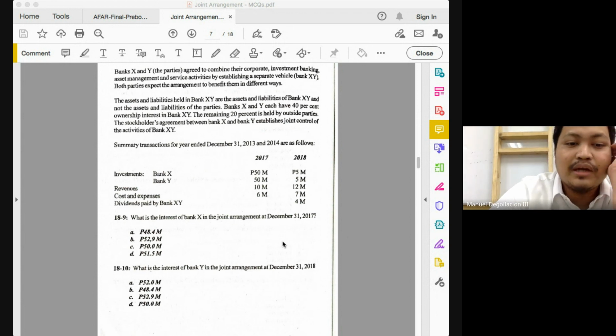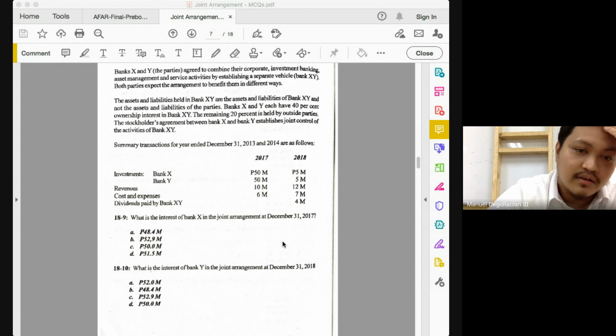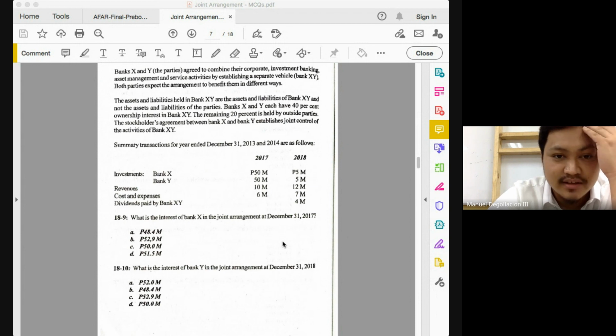Next, what is the interest of Bank Y, but this time for 2018? But again, knowing that this is a balance sheet account, you will have to go back as far as necessary. Okay, so since it only started in 2017, how much was the investment of Y in 2017? 50 million.